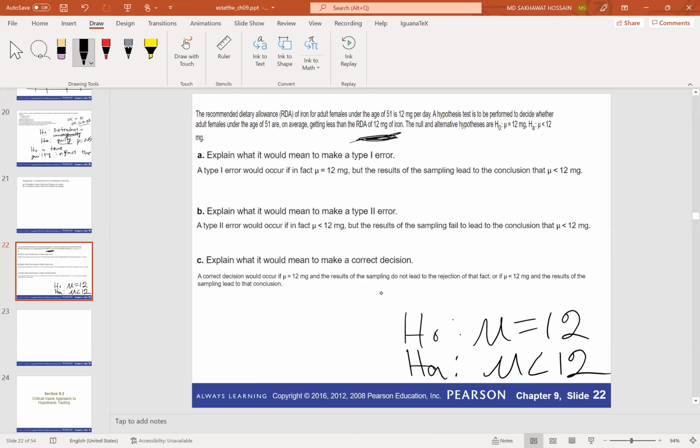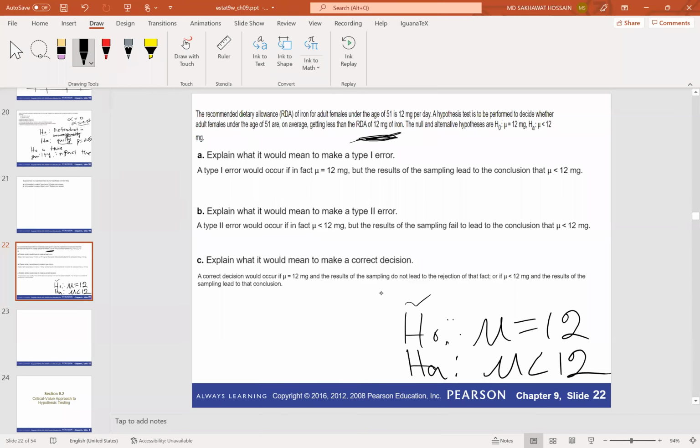So explain what it would mean to make a type 1 error. To make a type 1 error means the null is true, but we reject the null. So that means we are saying that the females are taking less than 12 milligrams of iron, even though that's not true.